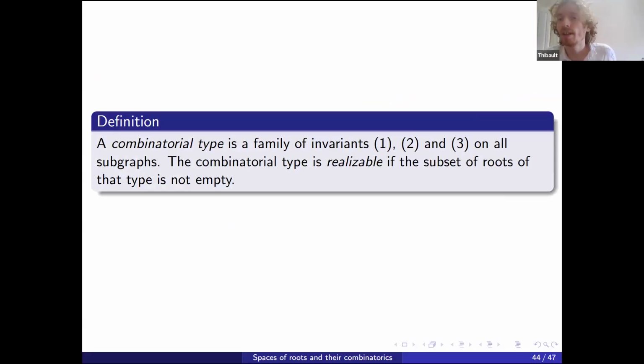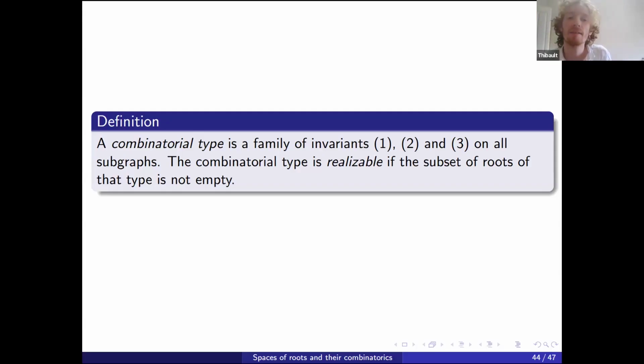Of course, there's some sort of compatibility relations between these invariants, right? For example, it's impossible to have order 1 if the tropical root has an extremely high order and things like that.